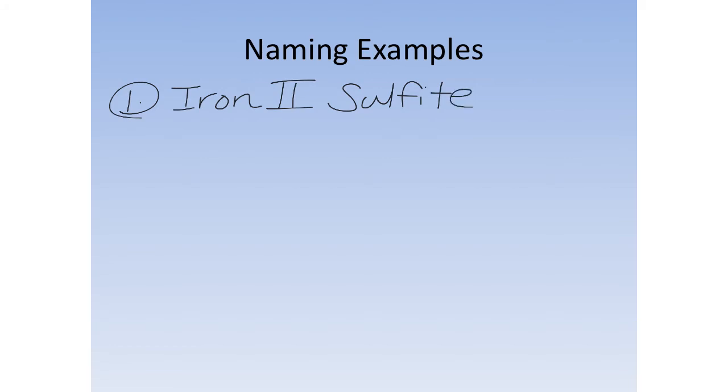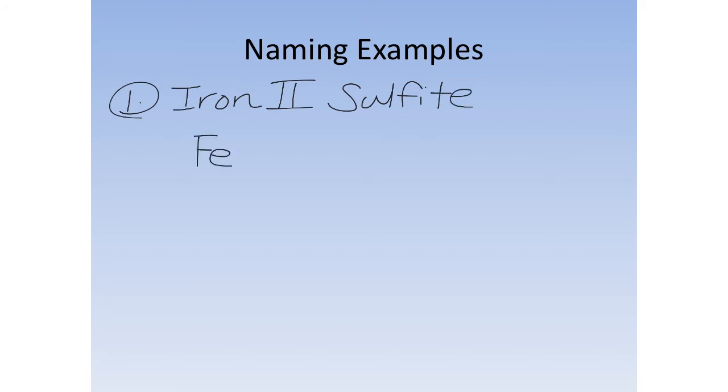So we'll do a couple of quick naming examples. So let's say we have iron, Roman numeral 2, sulfite. Okay, so iron, Fe.